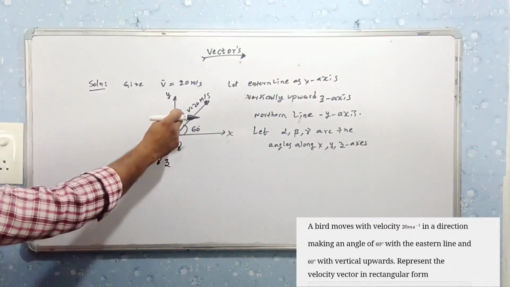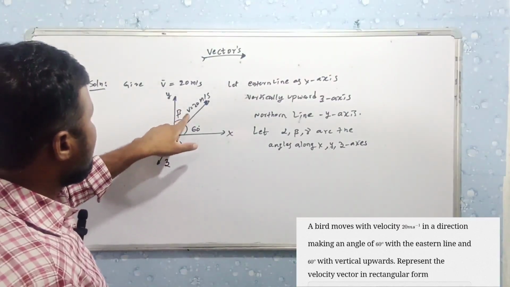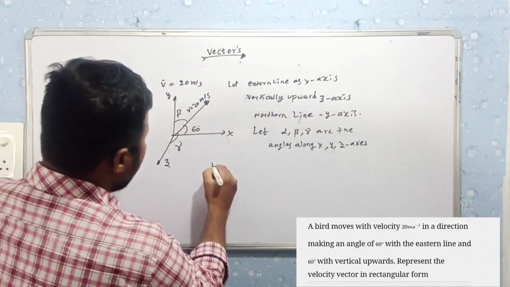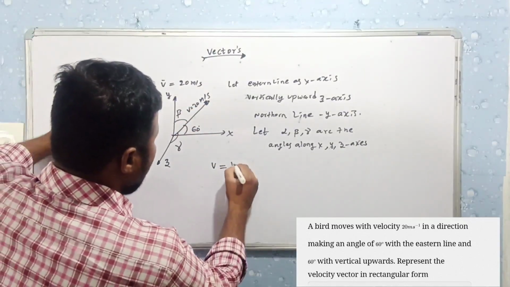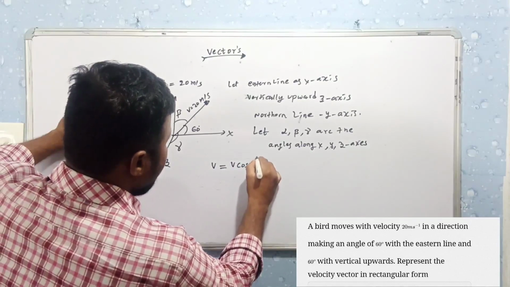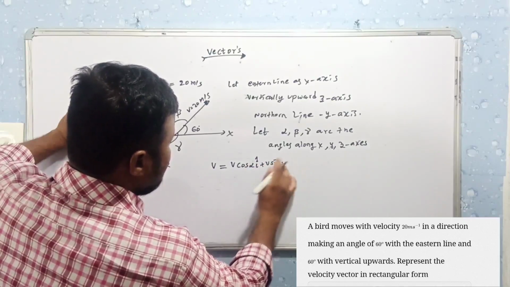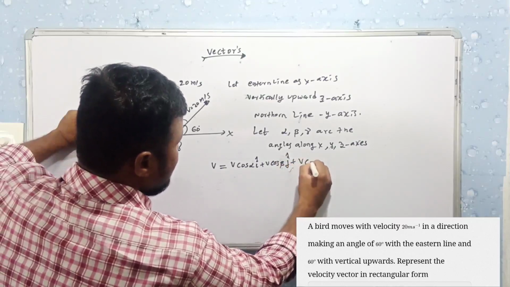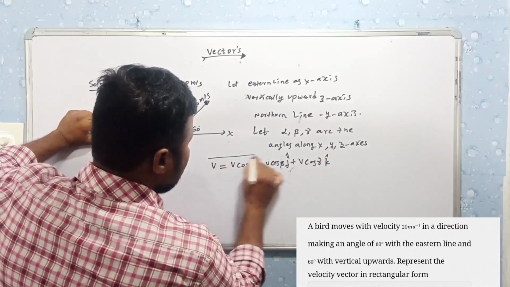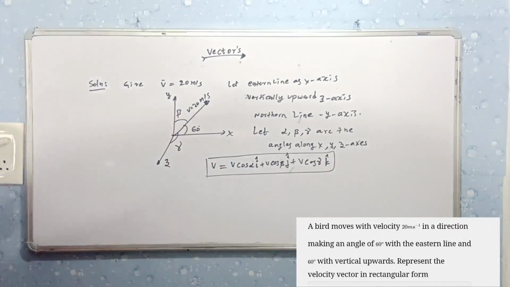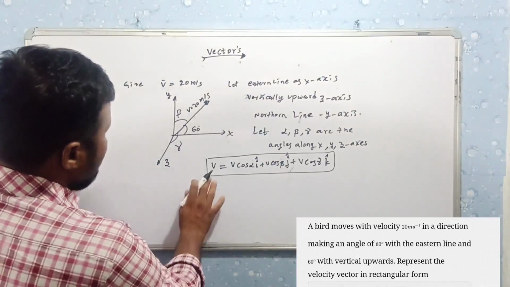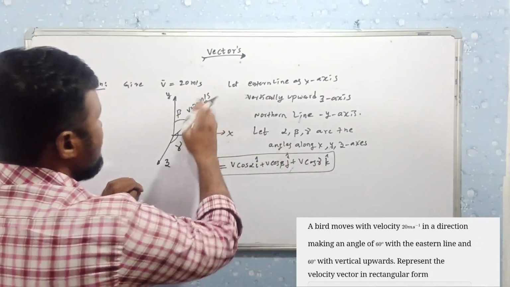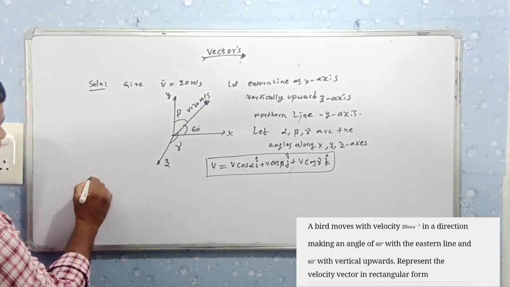So firstly we want to find beta, after that we have to write the vector format. The representation of vector: v bar is equal to v cos alpha i cap plus v cos beta j cap plus v cos gamma k cap. These we have to find out. Understand? Before that, beta is not known. Alpha is 60 degree, gamma is 60 degree, I don't know beta. So find beta by using direction cosines.